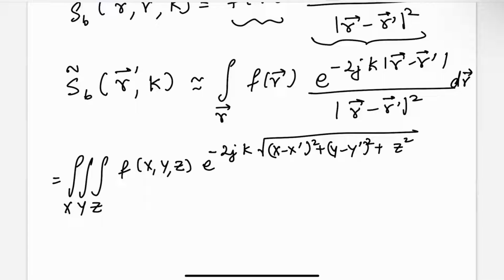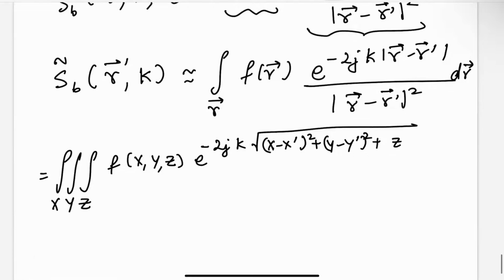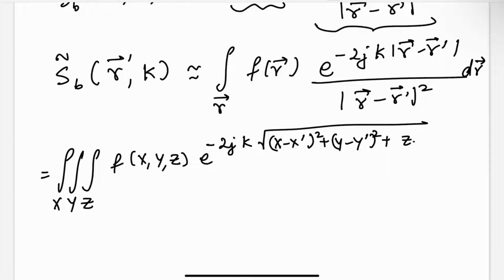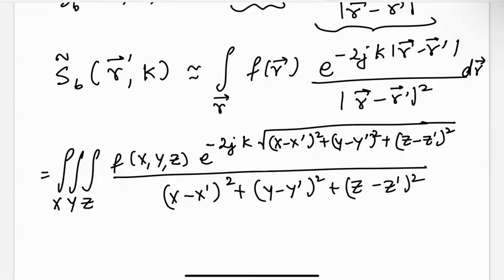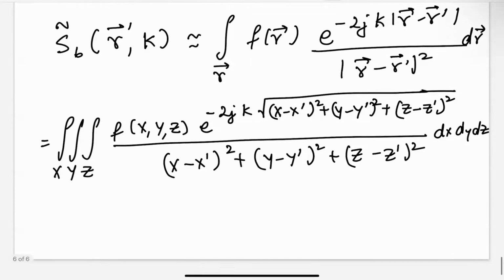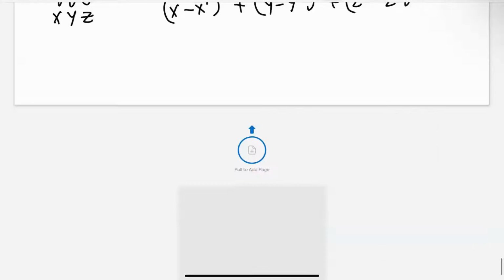So let's assume you set up your coordinate system such that z prime is 0, or you can include it, that's fine. But moving on, we'll set z prime to be 0. Whole divided by x minus x prime squared plus y minus y prime squared plus z minus z prime squared, dx dy dz. Okay, so that's the actual measured signal.